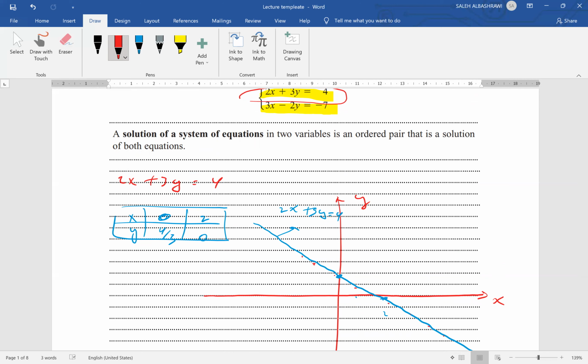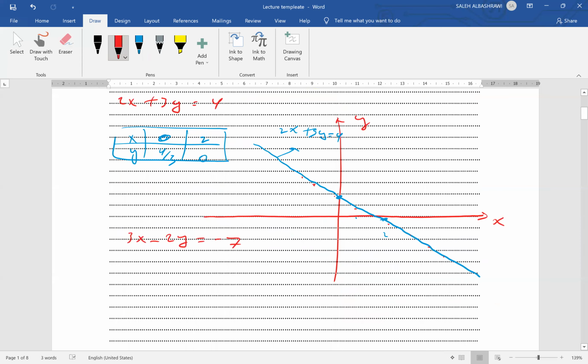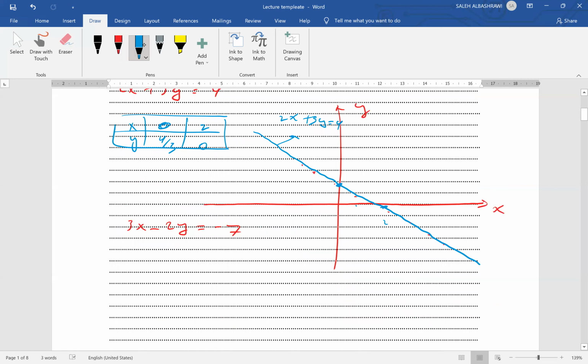For the second equation, I have 3x minus 2y equal to minus 7. If you want to graph this line in the same xy plane, using also the x-intercept and y-intercept, when x equal to 0, I will have 7 over 2. If y equal to 0, it will be minus 7 over 3.